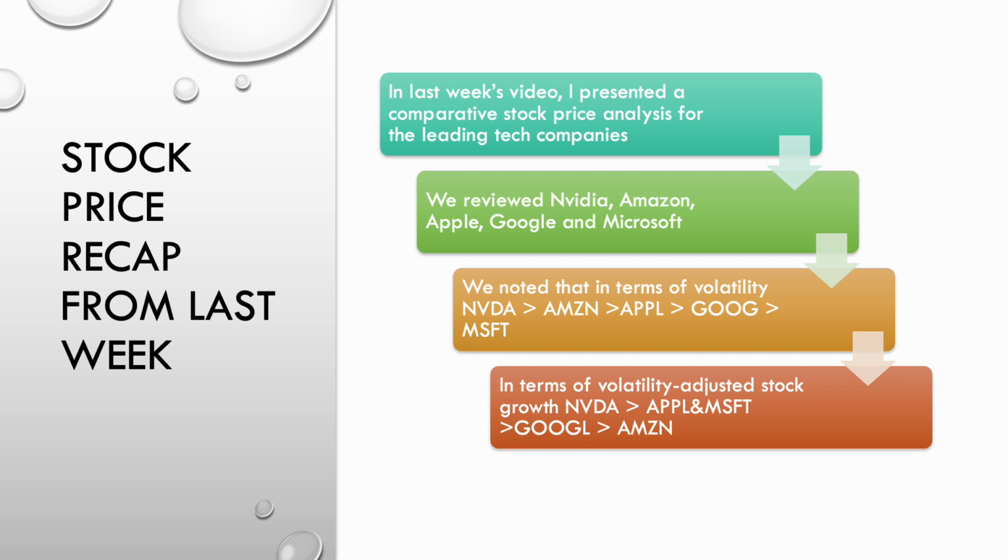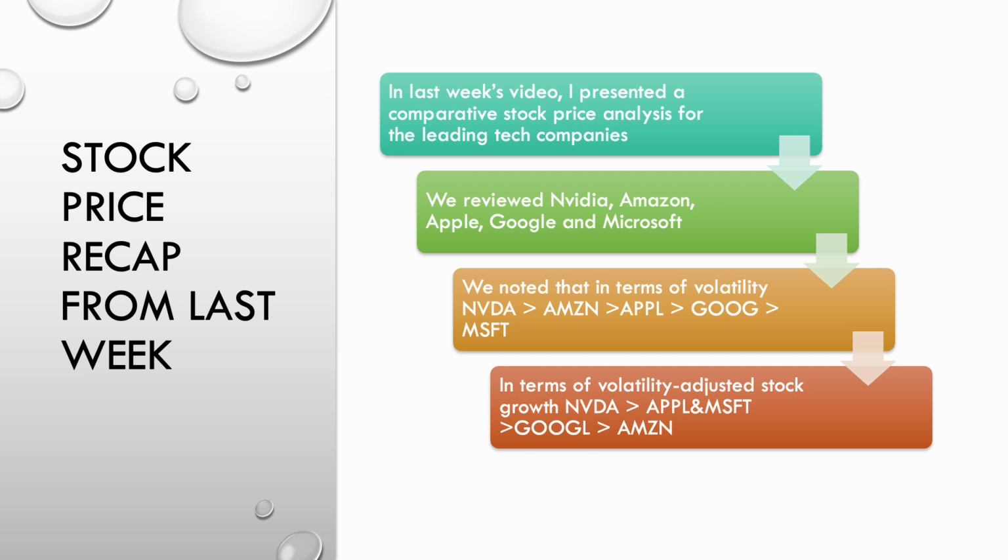In last week's video, we discussed a comparative stock price analysis for the same leading tech companies we are discussing today, namely Nvidia, Amazon, Apple, Google, and Microsoft. We basically saw two things: the volatility of the stock price growth, and also volatility-adjusted stock growth.